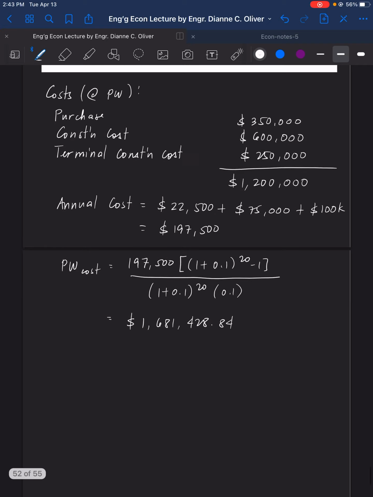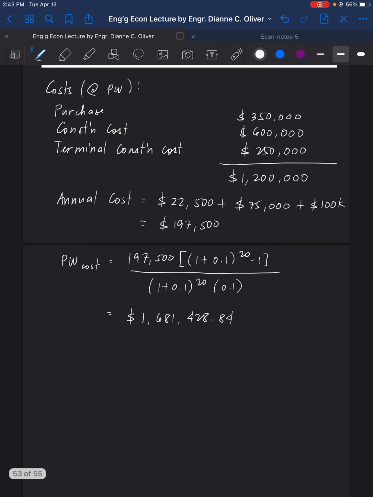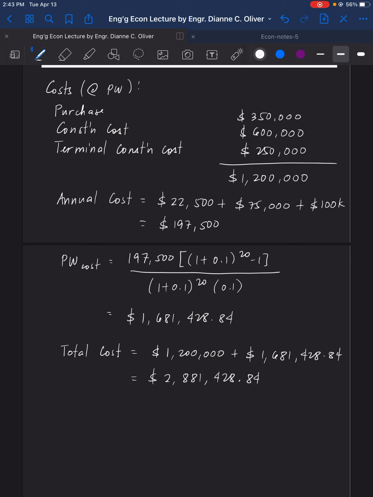Okay, so that's the present cost. So total costs, therefore we have here the total cost is equal to 1,200,000 plus 1,681,428.84. So total cost is $2,881,428.84. Okay, so that's all for the costs.